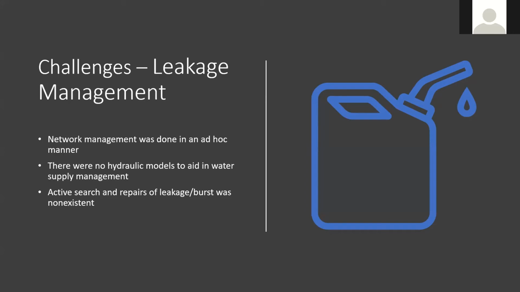So prior to GIS, network management was usually done in an ad hoc manner. There wasn't any systematic approach per se. Again, for the lack of any spatial data, the company at the time couldn't even build their network or distribution operations on any sound hydraulic support system.